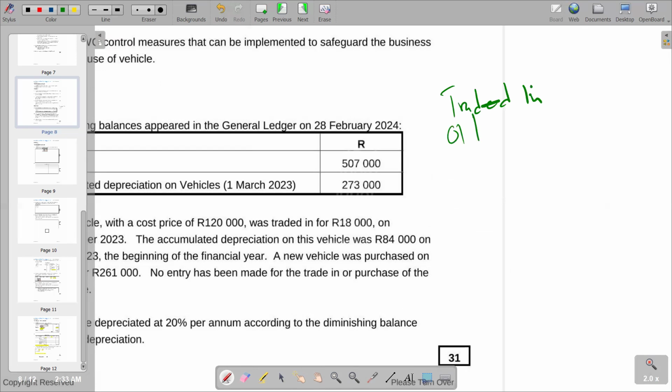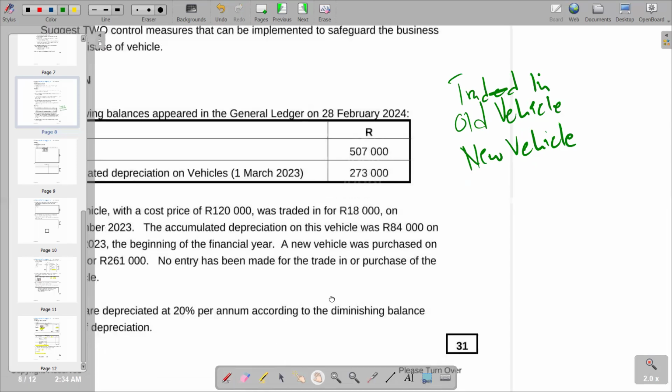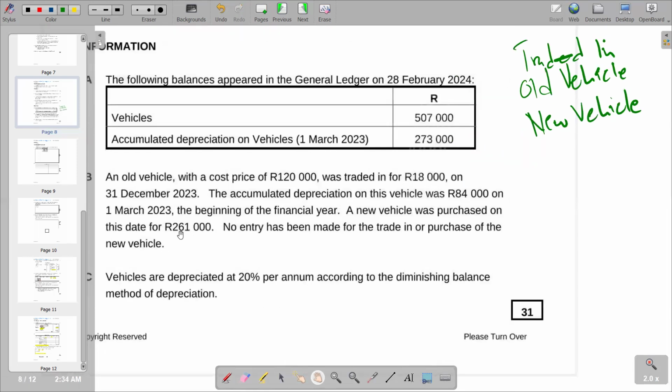Then we've got all the vehicles that stayed for the whole year, and we calculate their depreciation separately. Then we've got a new vehicle which came in. Remember, a new vehicle was purchased on this date for 261,000, so we also need to calculate depreciation of this new vehicle. So we've got three calculations to do.